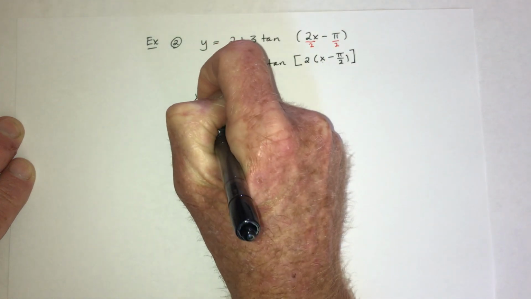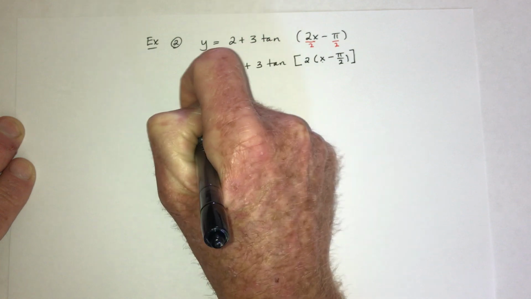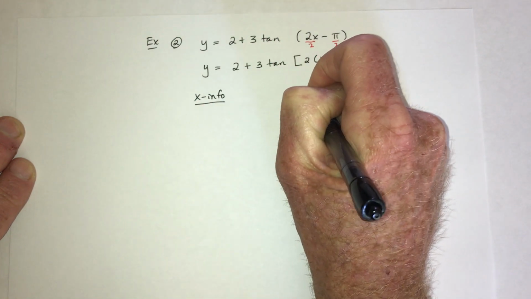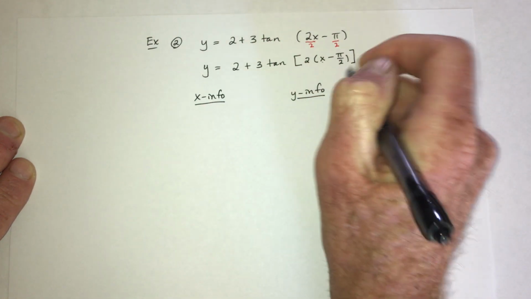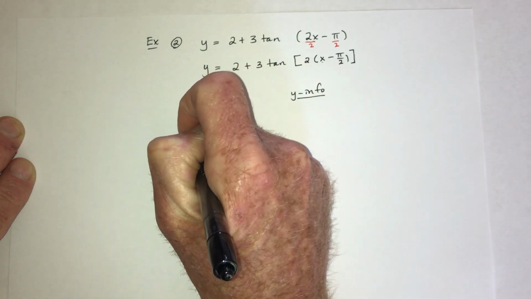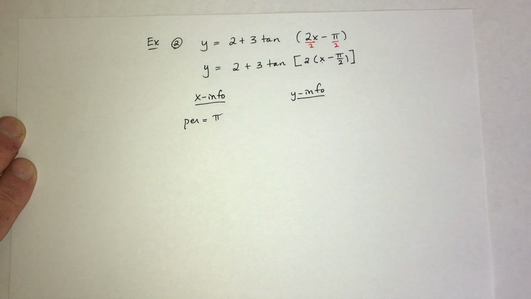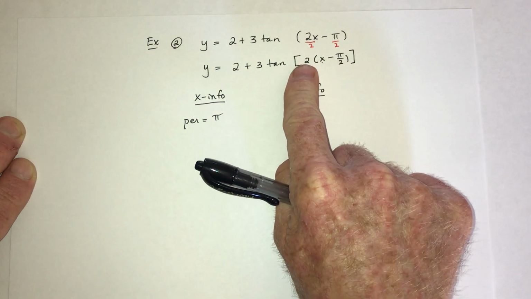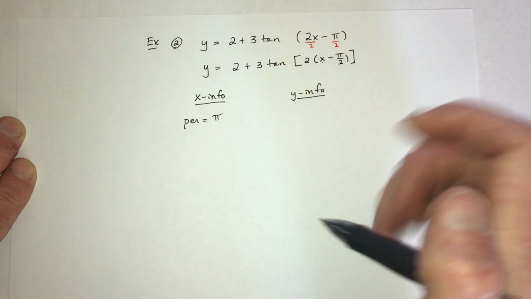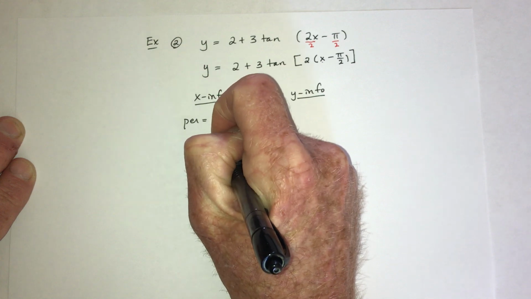Now the x information and the y information. So for the x information, the period is equal to, so for tangent, it starts with pi, and then it needs to be divided by this 2. So it's pi divided by 2.